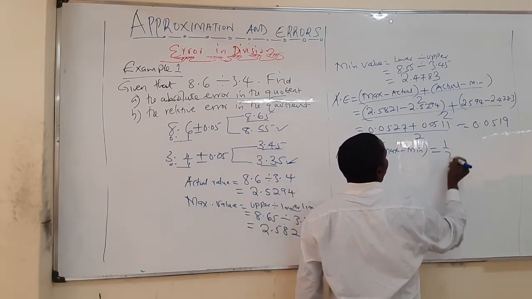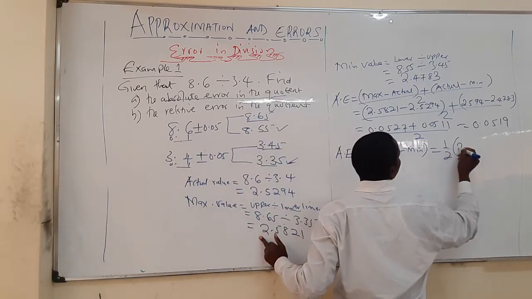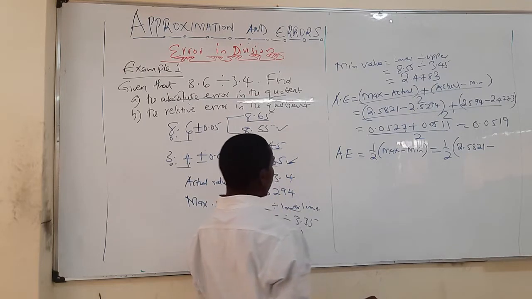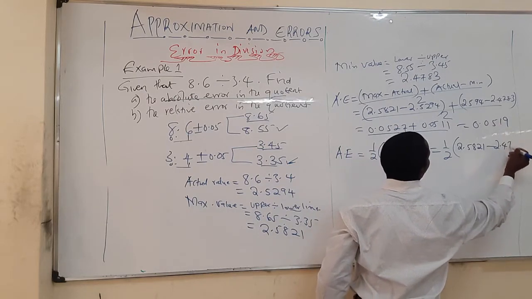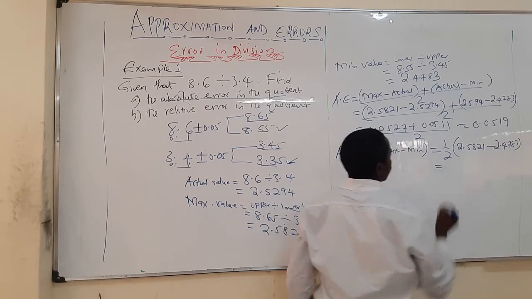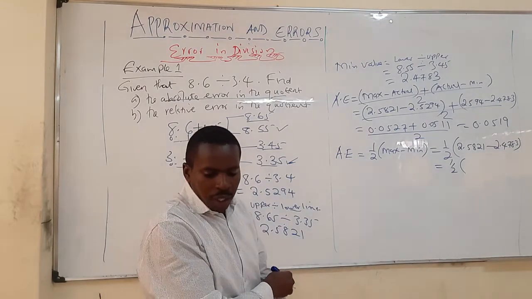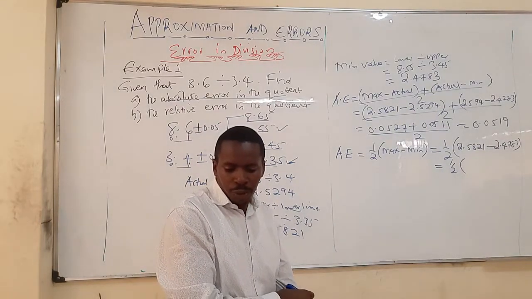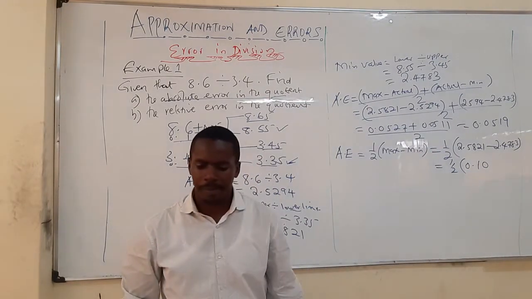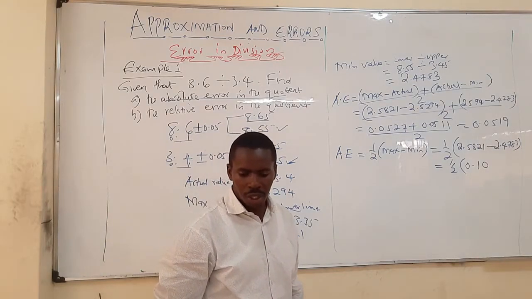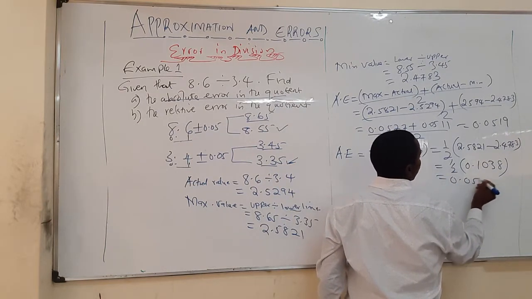So we have half of 2.5821 minus the minimum value, 2.4783. 2.5821 minus 2.4783 is 0.1038, and half of that corresponds to what we have there, 0.0519.